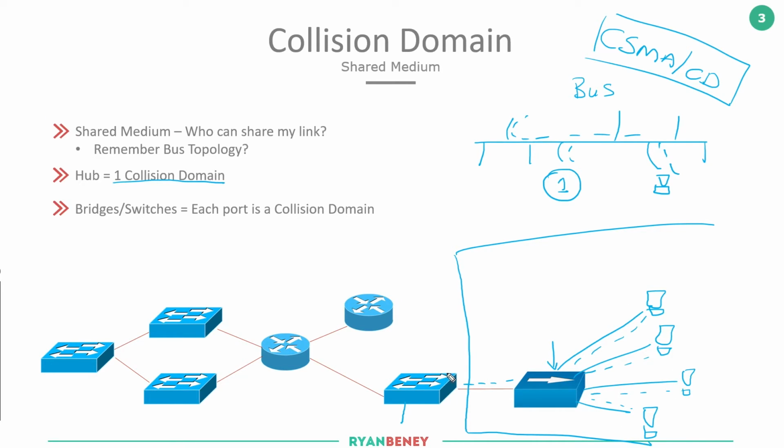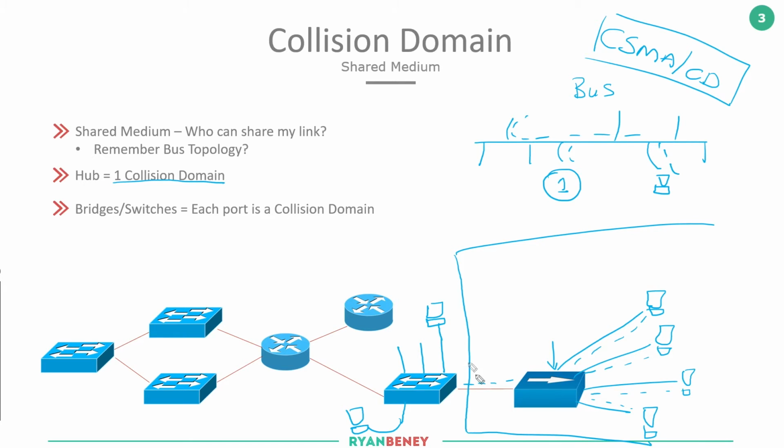A switch is a little different. Each port on a switch is its own collision domain. So for example, this person that's connected to the wire and this person that's connected to the wire, because they're on 2 different ports on the switch, both of them can transmit at the same time, because the switch uses buffers and its CAM table to essentially store and forward the information to the correct destination without having to repeat it out all of its ports.